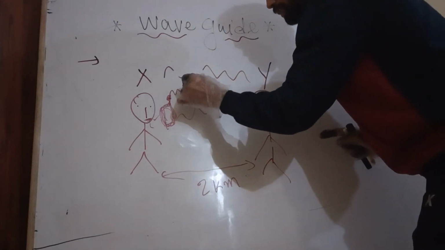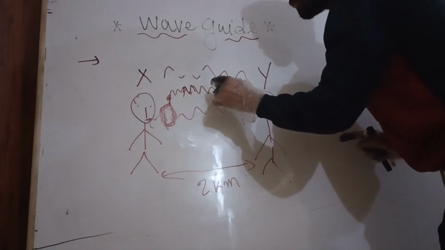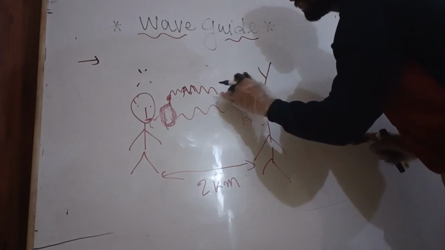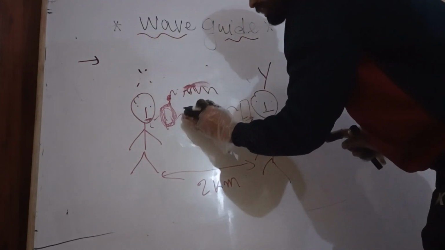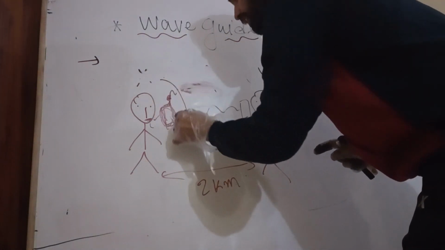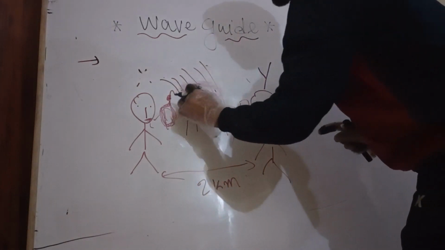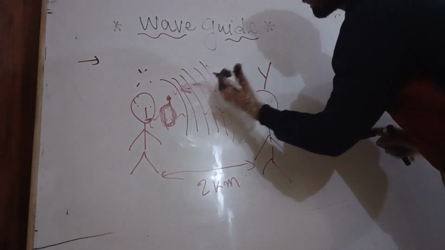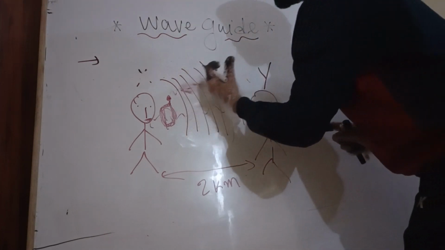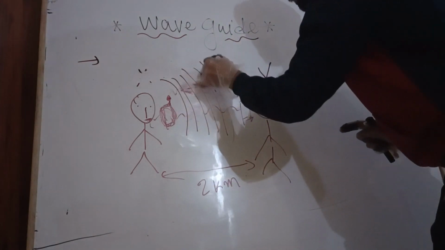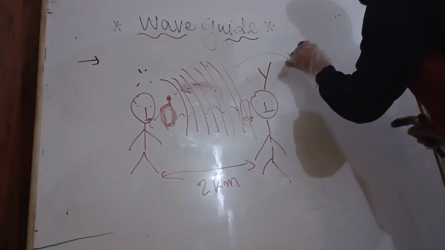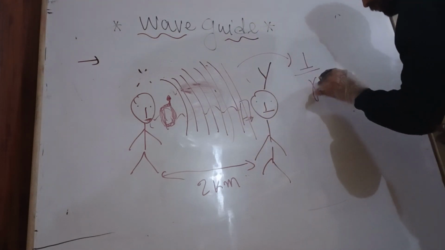When this EM wave is radiated throughout the space, it radiates as a spherical waveform, in the manner of 1 by r square.